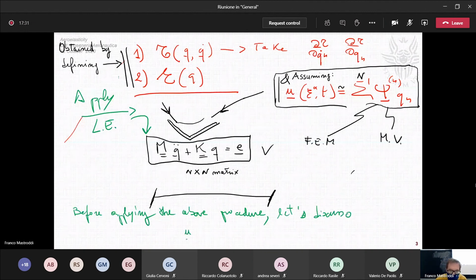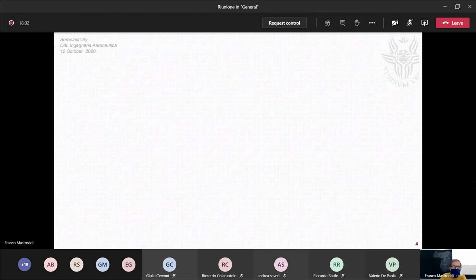What is the meaning of this? Look, I'm using X instead of C, okay? Intending that X is position, but in the initial configuration, okay? Equal to the summation of psi n of X times Qn of T. What about Q? What about psi and so on? Okay? Just a brief discussion on this.